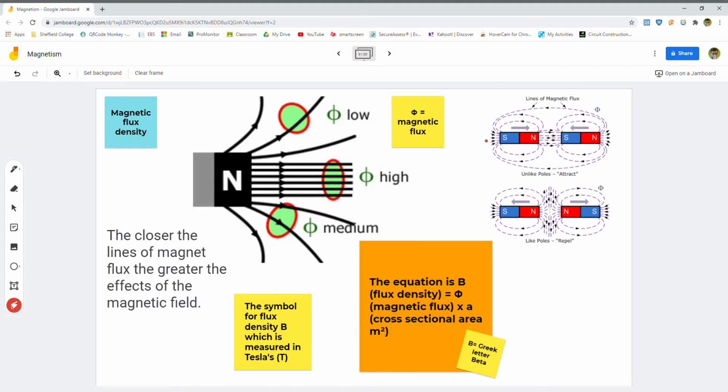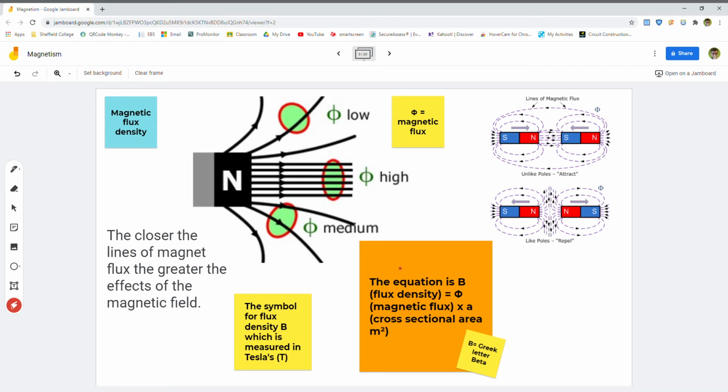So that was magnetic flux, and now we're going to move on to magnetic flux density. As the name suggests, it's basically the number of lines of flux, the density, how closely packed they are. The closer the lines of magnetic flux, the greater the effects of the magnetic field. The symbol for flux density is B, which is measured in Teslas.